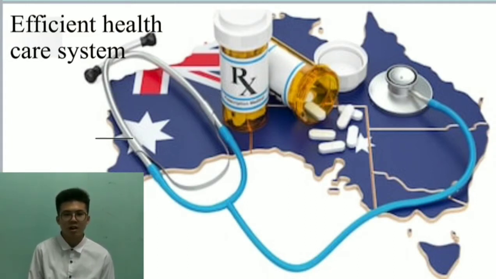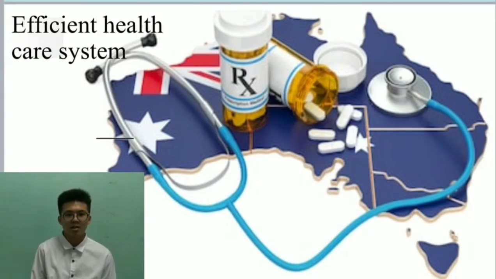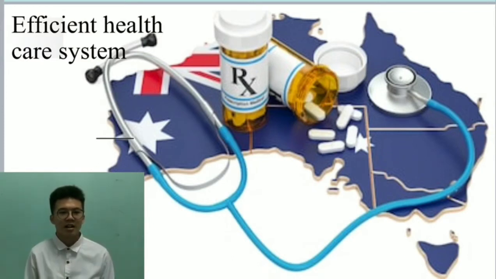You can choose to have Medicare only or a combination of Medicare and private health insurance coverage. The Pharmaceutical Benefits Scheme ensures that Australians have access to affordable medicines. Australians can access a wide range of medicines without having to pay full price.